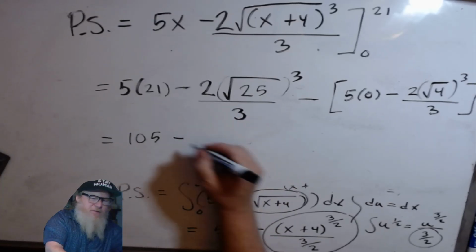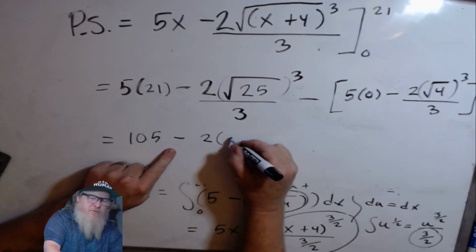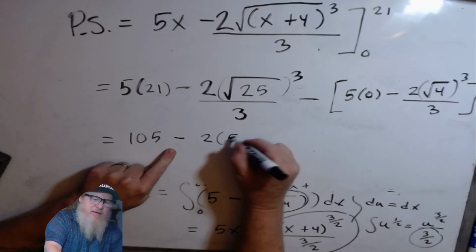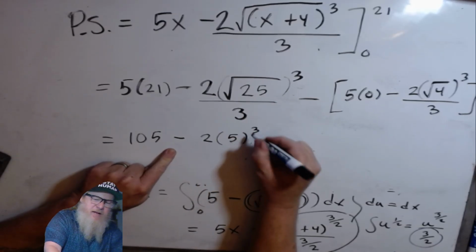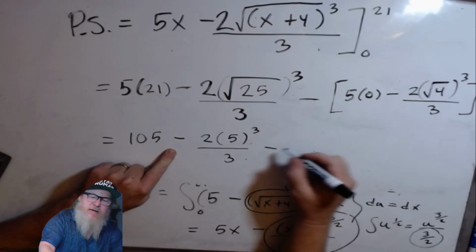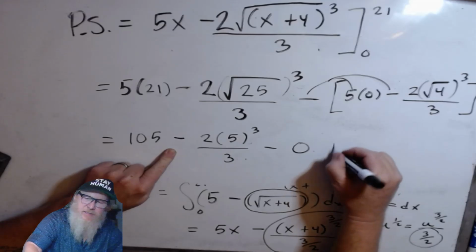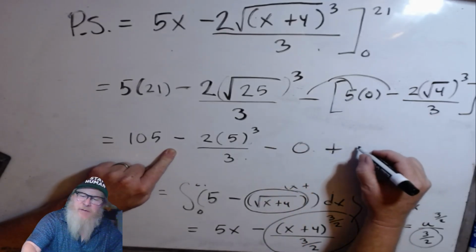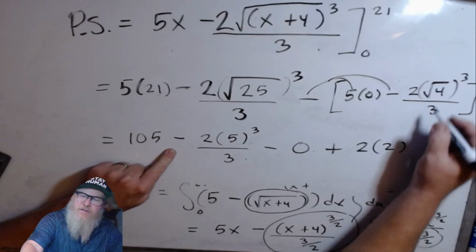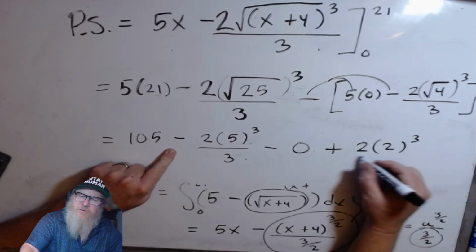I could probably do all this by hand. This reminds me of an old school calculus question. Square root of 25 is 5, cubed over 3. 5 times 0 is 0. Negative times a negative is a positive. Square root of 4 is 2.